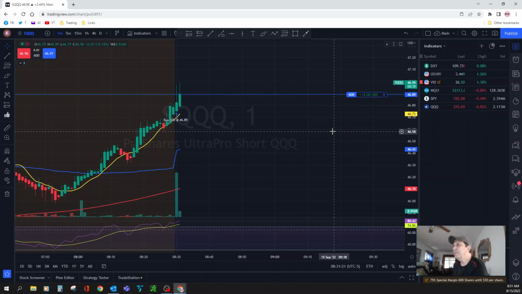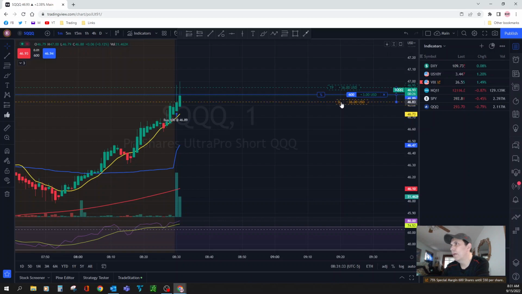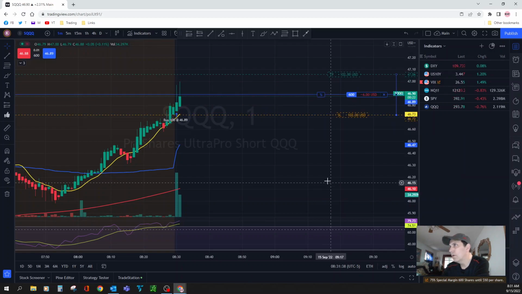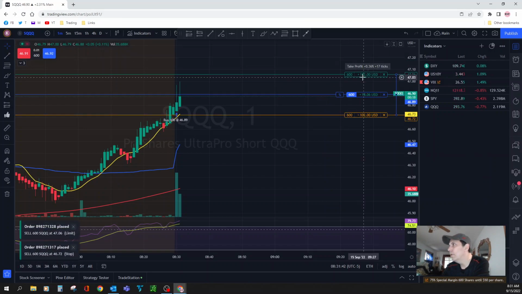It wants to go green, so I'm gonna let it. I've been getting out too quick, so I'm not getting out till at least $100 today. That's just the attitude I have about it. So I'll set a stop loss down here for $102. Take profit is at 100.